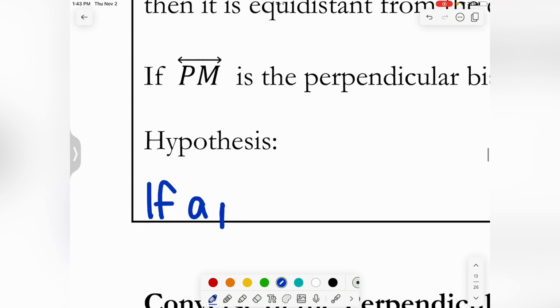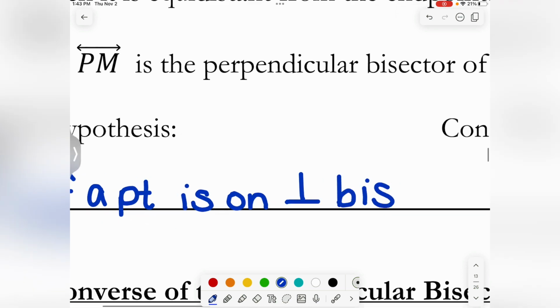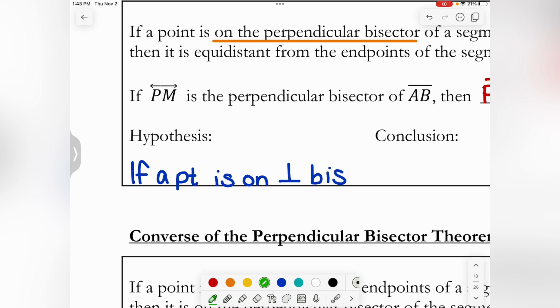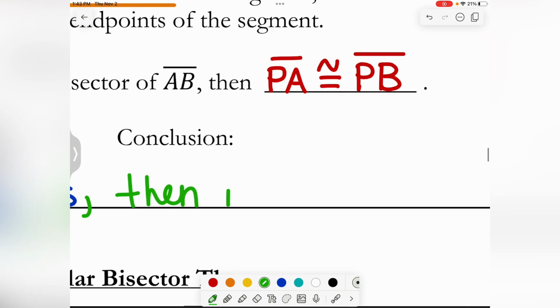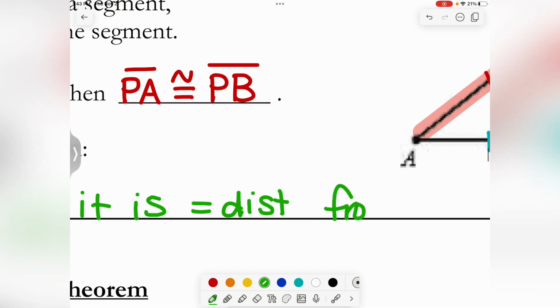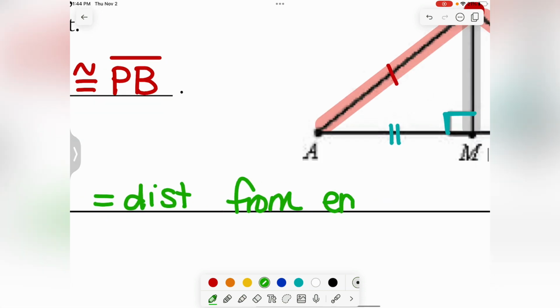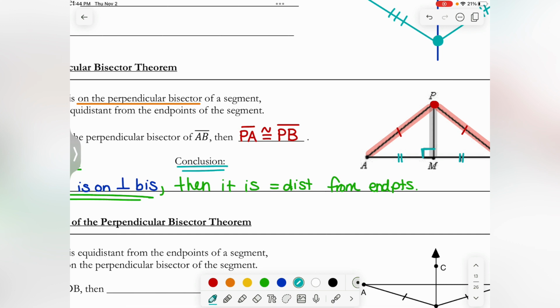If a point is on the perpendicular bisector, comma, that's your hypothesis, then it is equidistant from the endpoints. That's your conclusion.